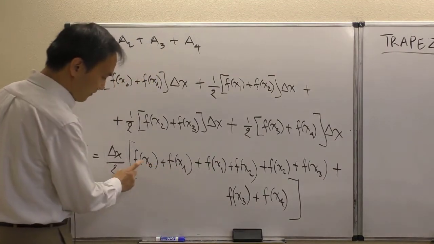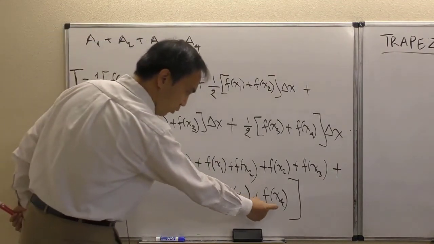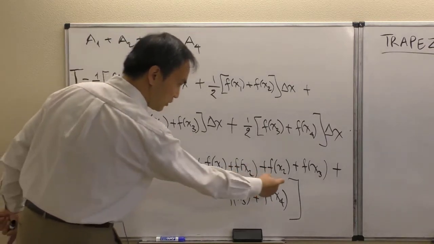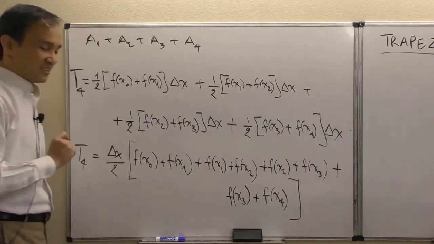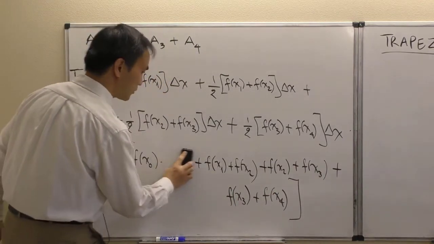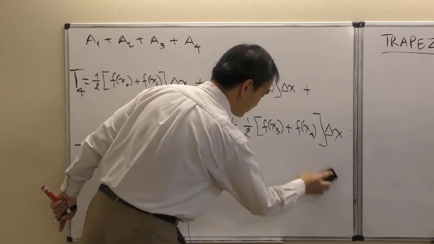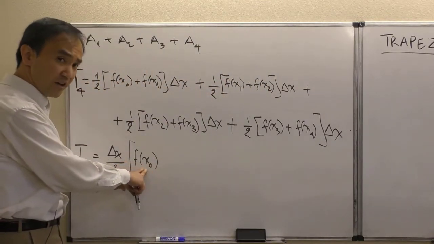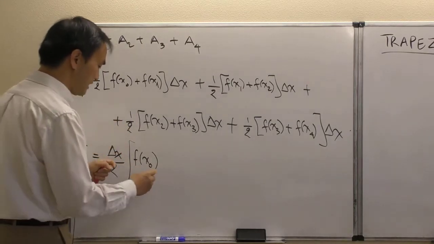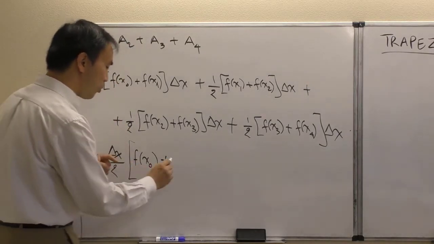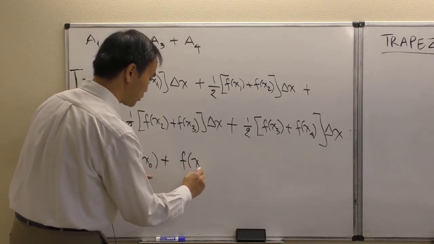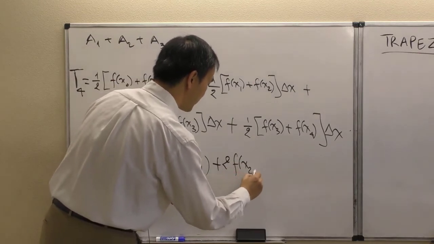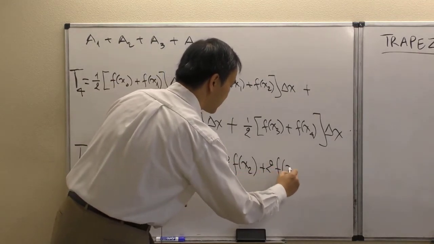But you can notice we have only one f of x0, only one f of x4, but all of these x1, x2, x3 right here appear 2 times each. So in my next step, I'm going to save some space right there. f of x0, the very beginning point of our interval, has coefficient 1, but anyone in the middle, f of x1 and so on, is 2 times: 2 times f of x2 plus 2 times f of x3.